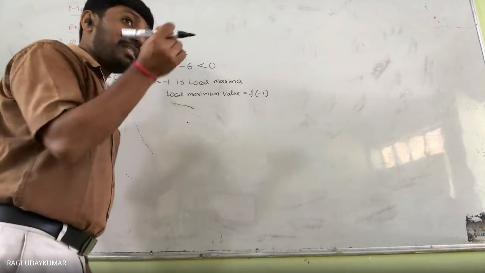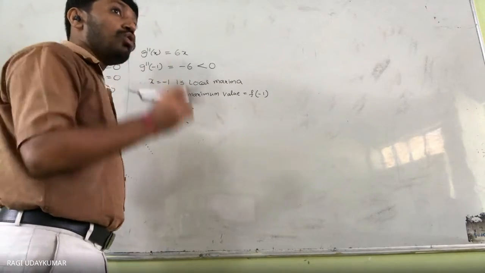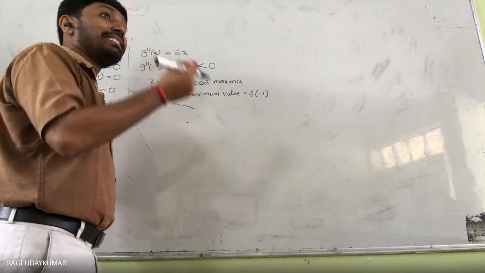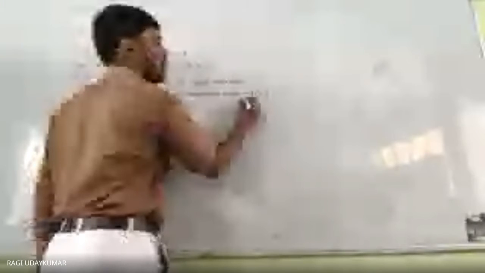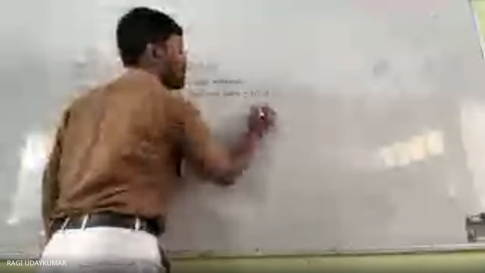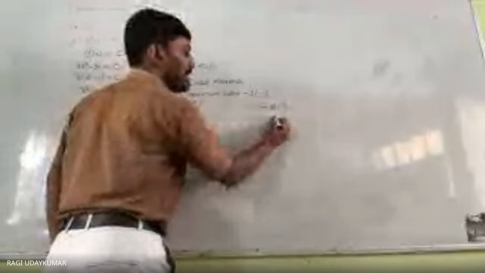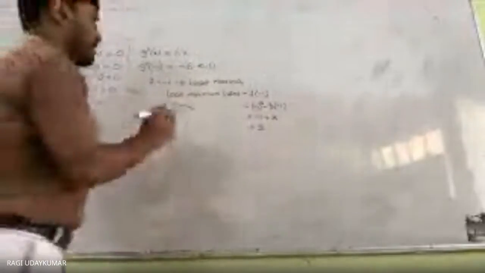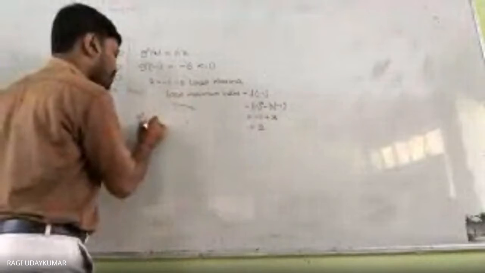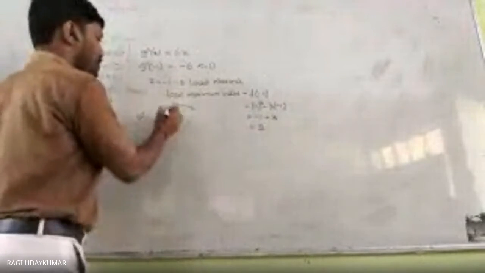Local maxima means point है, local maximum value के लिए इधर -1 substitute कर, -1 whole cube minus 3 into -1, so -1 plus 3 which is equals to 2. 2 ज्यादा है maximum value, and g double dash of 1 substitute कर, so what you will get?